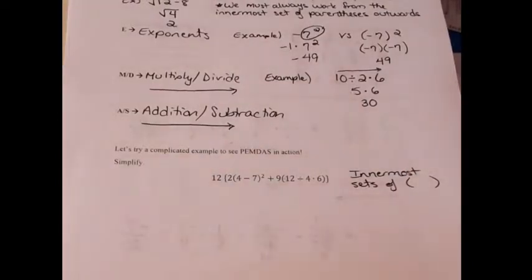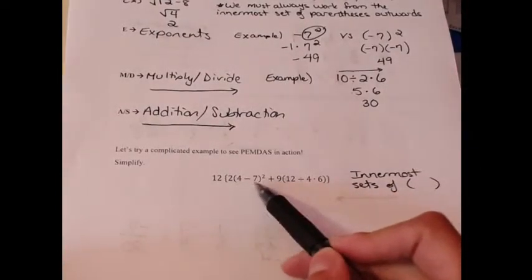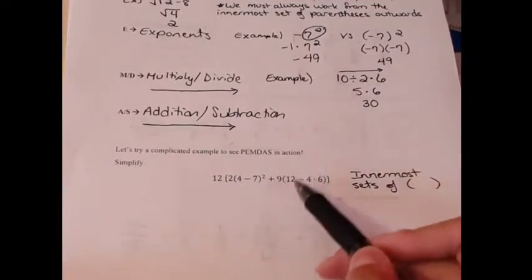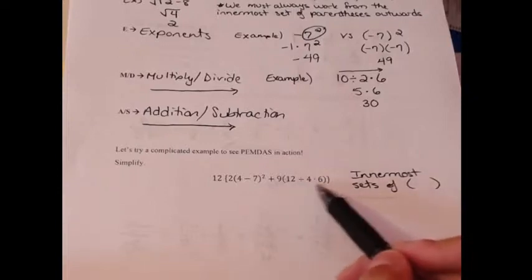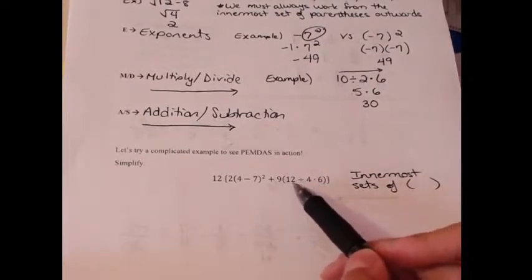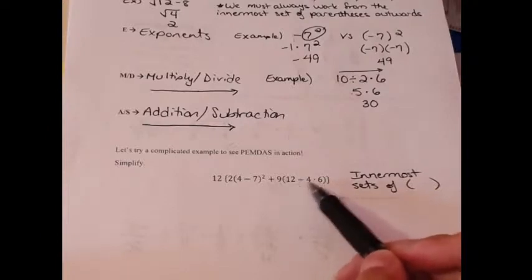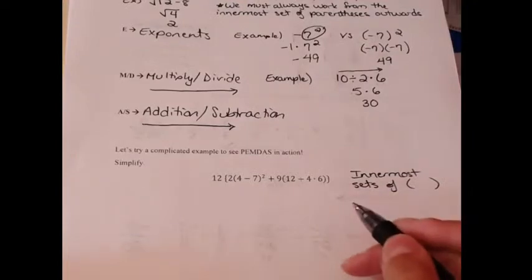That's where we actually want to begin. So I want you to consider that we have a 4 minus 7 inside of a set of parentheses. So we have an operation here that we can actually perform. In our second set of parentheses, 12 divided by 4 times 6, we have 2 operations here that we can perform. We learn when multiplication and division were butted up against each other, you're simply going to move from left to right. Okay, no problem.